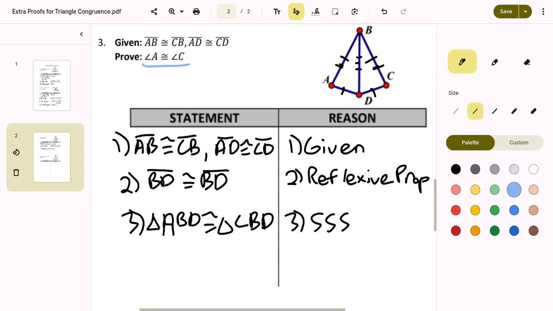But as I said earlier, if we notice up here, our proof is angle A is congruent to angle C. So, since we know the two triangles are congruent, we know all their parts are congruent. So we're going to be able to say that angle A is congruent to angle C, here for part 4.